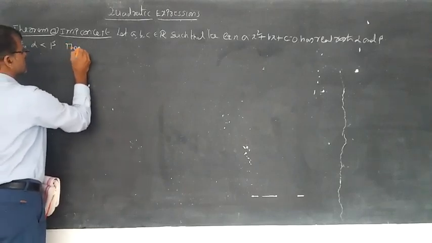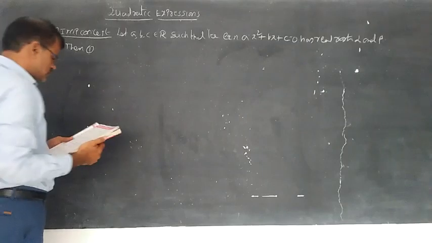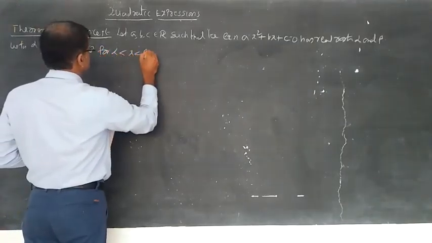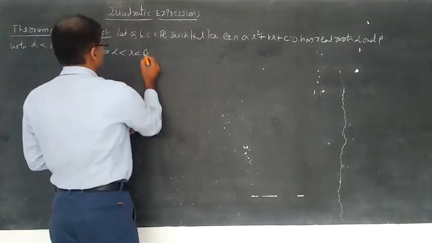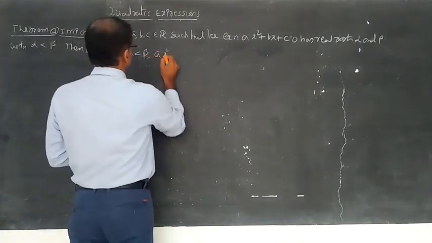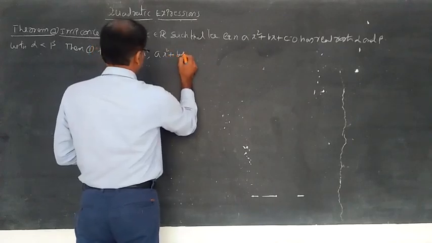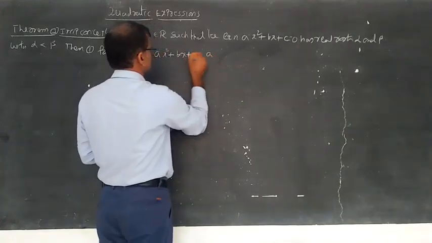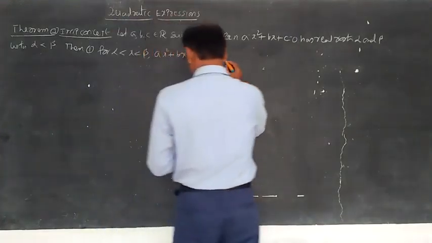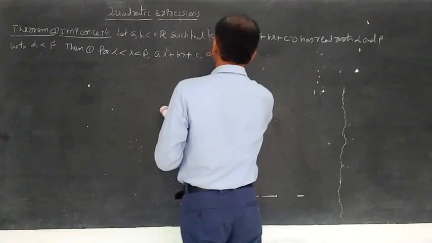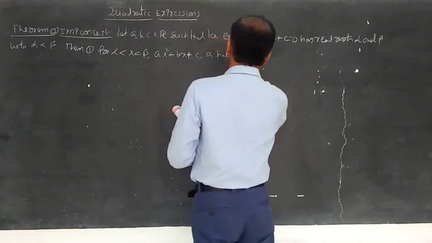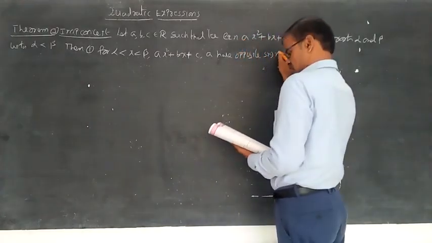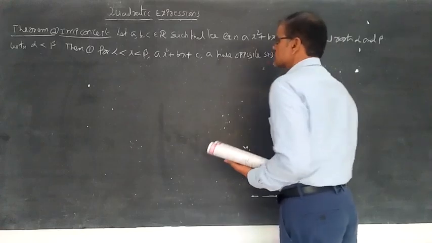Then, first statement: for alpha less than x less than beta, ax square plus bx plus c and a have opposite signs.